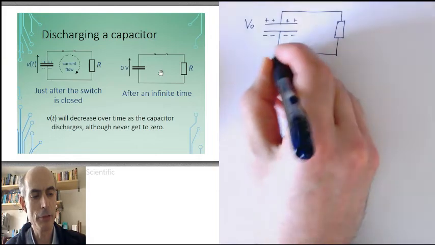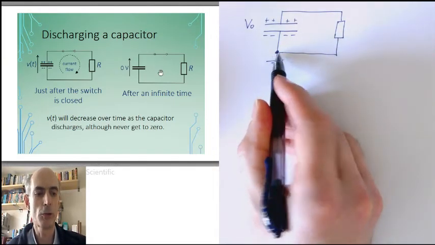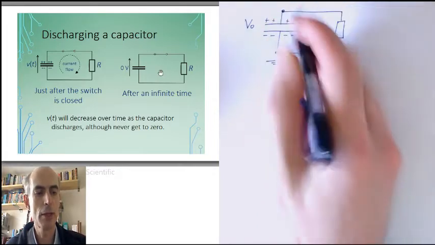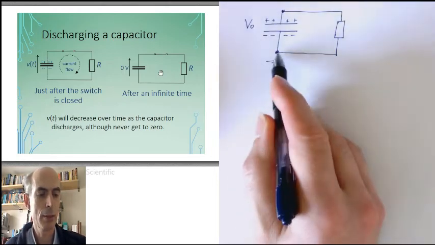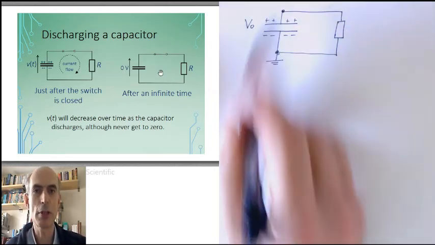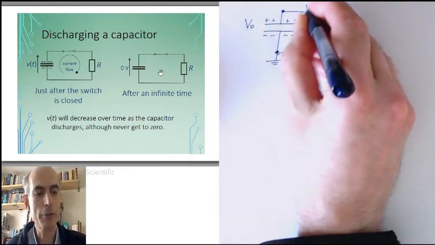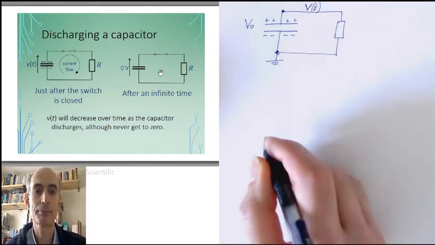To make my life easier, I will define this point in the circuit as my local reference of 0 volts. So the voltage at this point here is just equal to the voltage across the capacitor. At time t equals 0, that's just equal to V0. In general, it will be at a value of V, which will be a function of time.